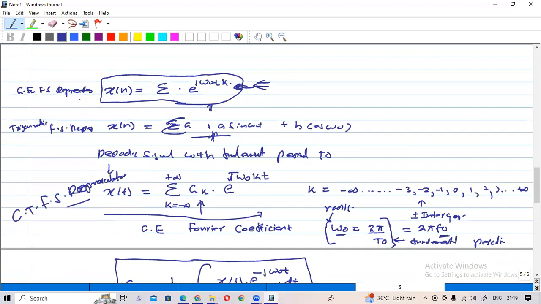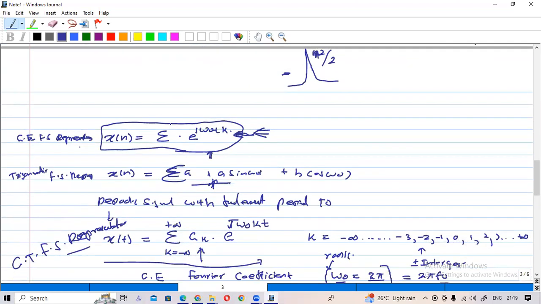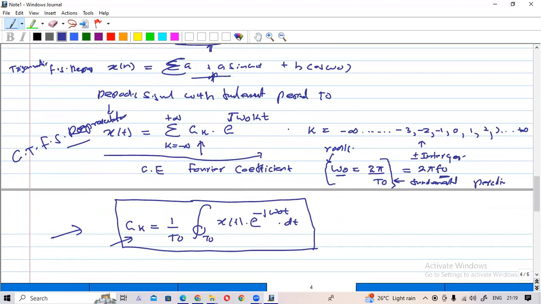As in continuous time, in discrete time also you can represent any discrete time signal x[n] as a collection of complex exponential terms like this, and the coefficients are there.